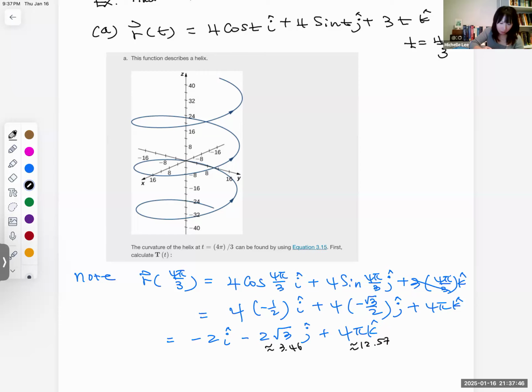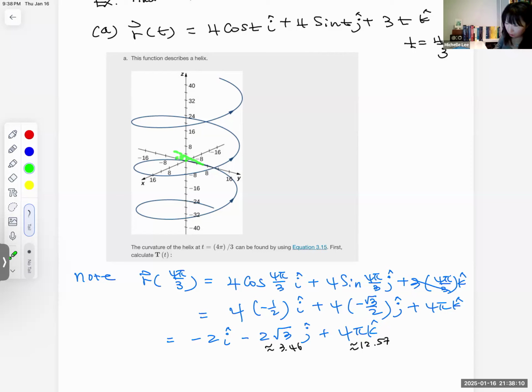Okay, so negative 2i and then negative 3.46. So negative 3 points. So this is a 3 point here.